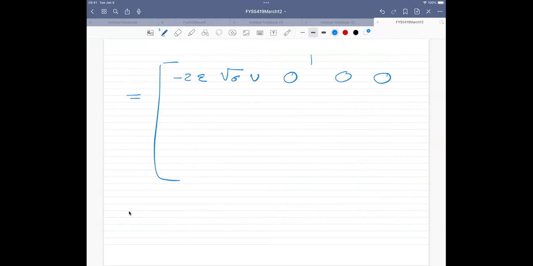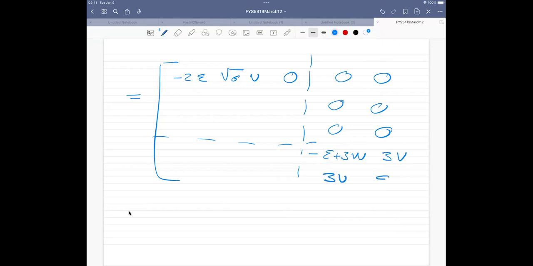So I'm going to get a 3 by 3 block, so this is going to be 0, 0, 0, 0. And then I'm going to have down here minus epsilon plus 3w. I'm going to have a 3v. It's going to be a 3v and epsilon plus 3w. So that's going to be the final one here.